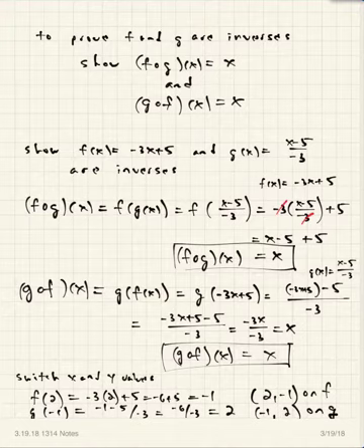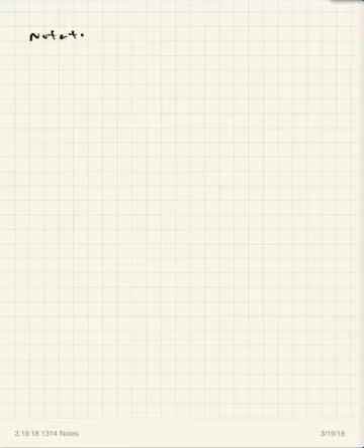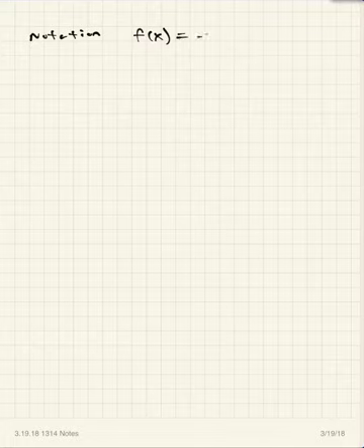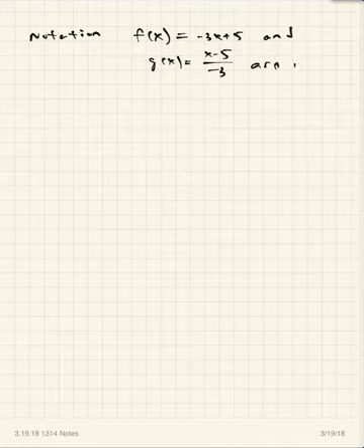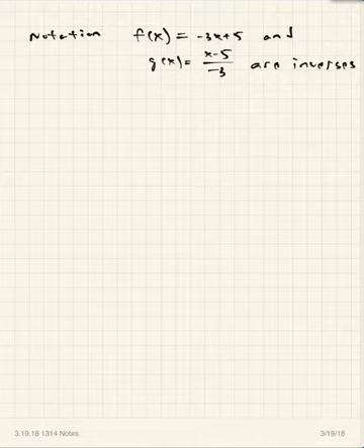All right, by the way, let me mention some notation. So f of x, which was equal to negative 3x plus 5, and g of x, which was (x minus 5) over negative 3, are inverses. And so the notation we usually use with inverses goes like this.